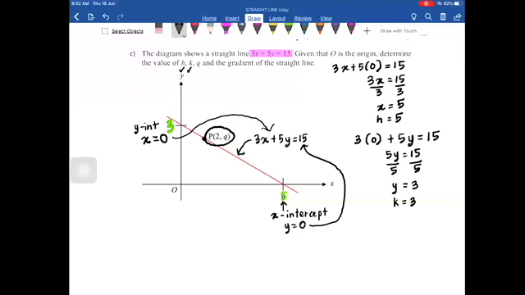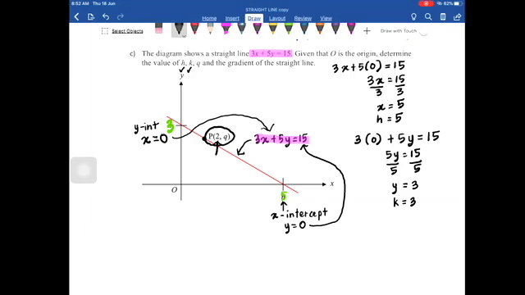So since diberi kepada saya X, I can find Q, as long as saya ada my equation of the straight line. Jadi kita substitute masuk.